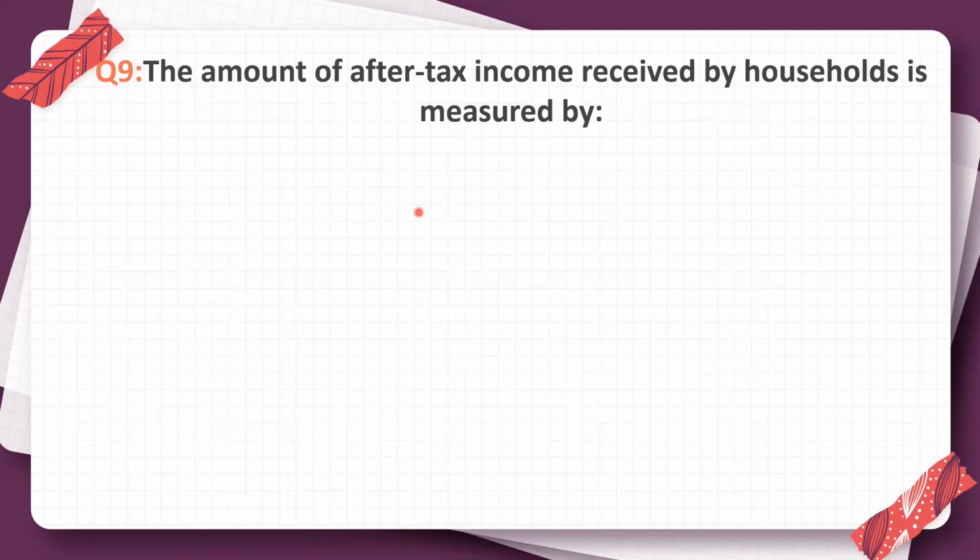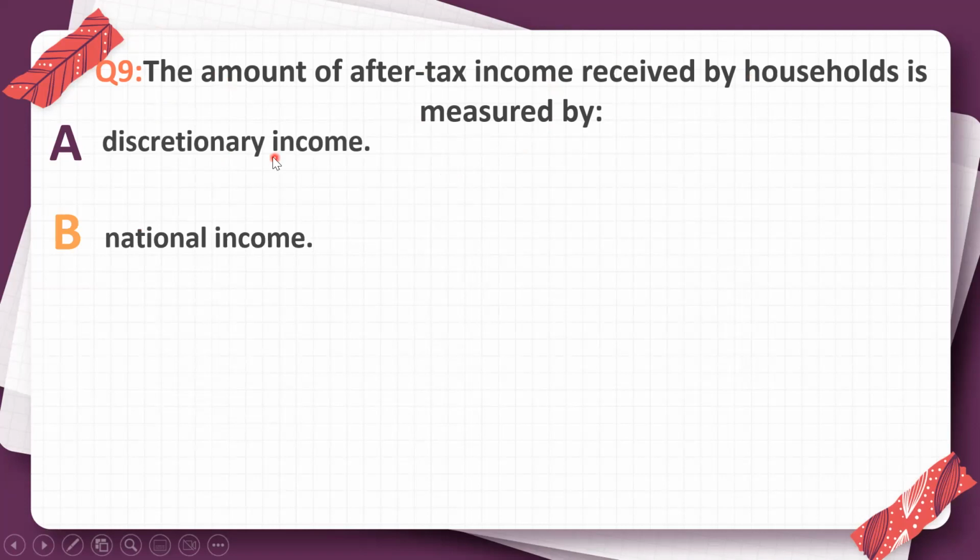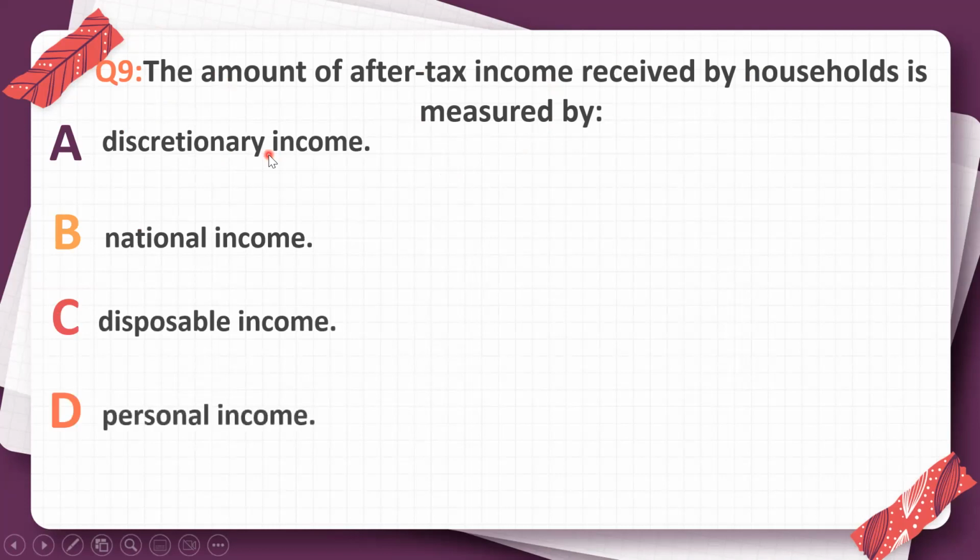The amount of after-tax income received by household is measured by A. Discretionary income, B. National income, C. Disposable income, or D. Personal income.